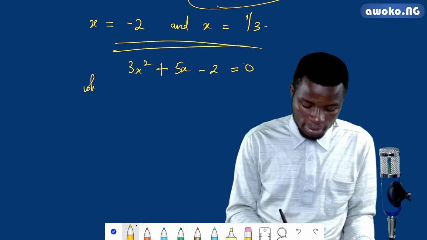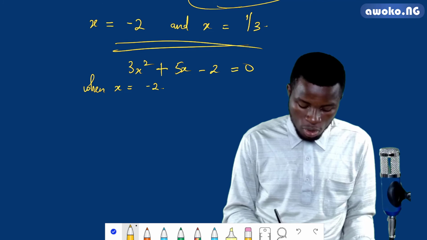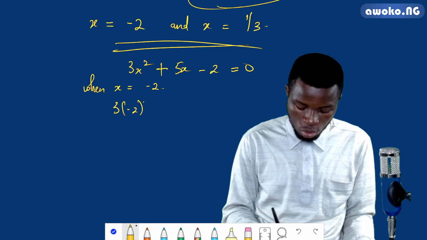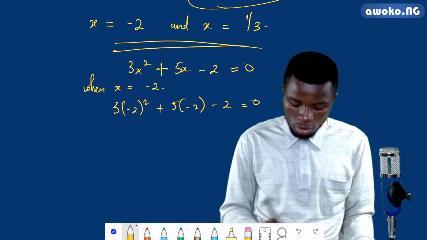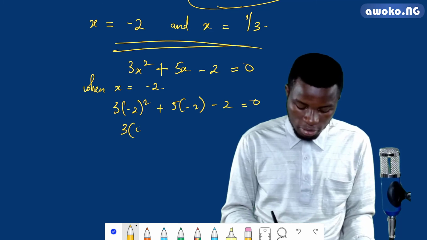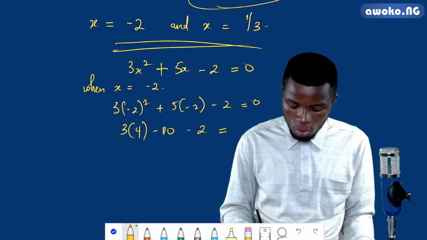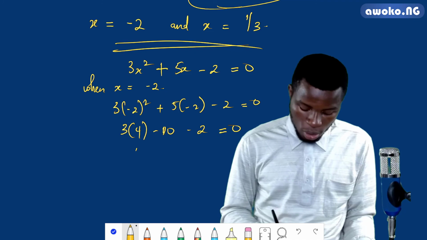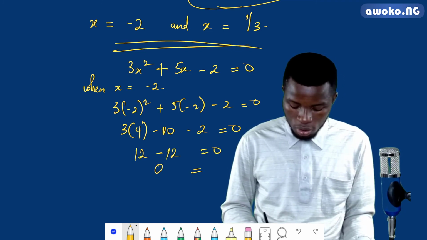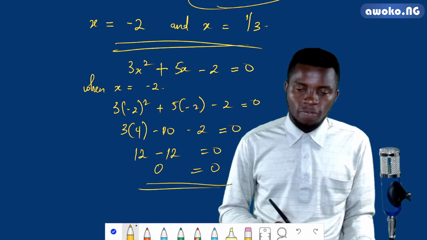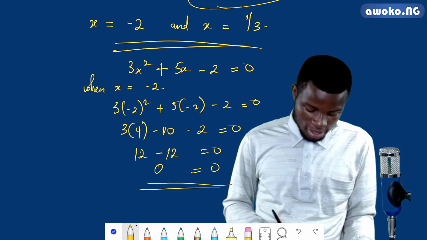So when x equals minus 2, then we have 3 into minus 2 squared plus 5 into minus 2 minus 2 equal to 0. This gives us 3 times 4 minus 10 minus 2 equals 0. And we have 12 minus 12 equal to 0. Therefore, 0 equal to 0. So minus 2 is one of the roots of the quadratic equation.